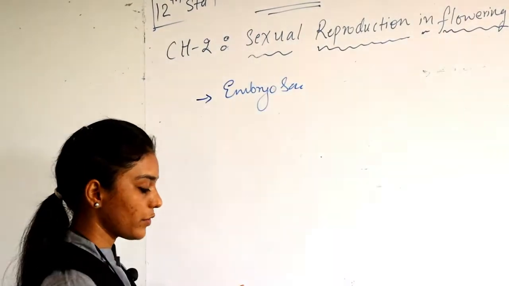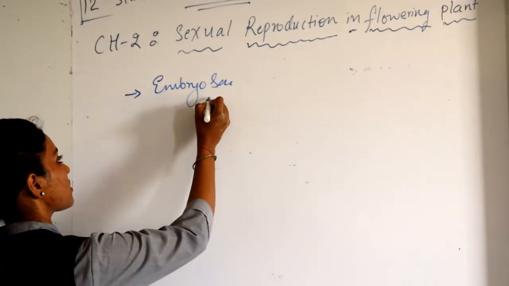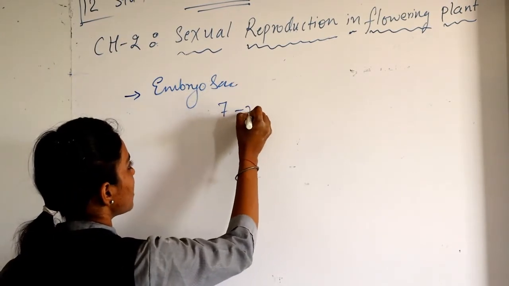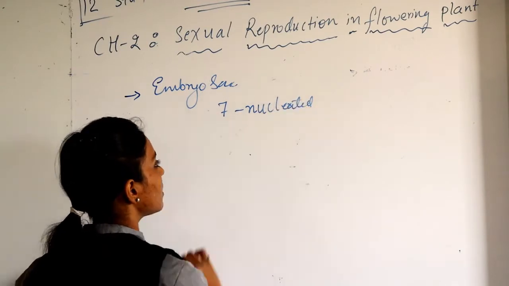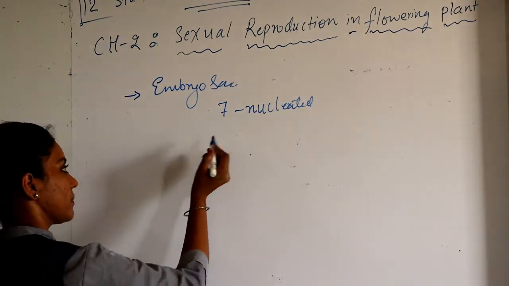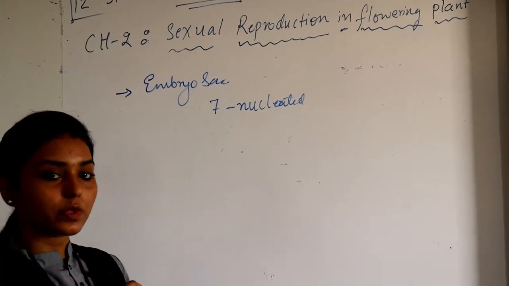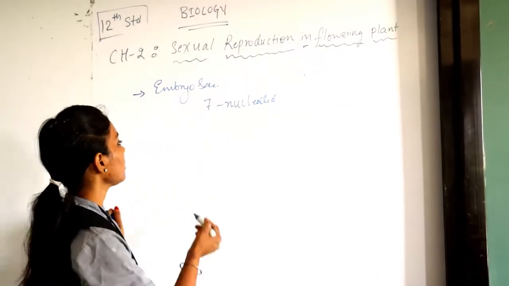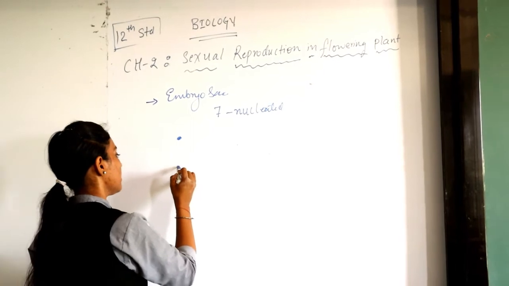In the embryo sac we have seen something regarding its structure, which was having 7 nucleated cells, and we have seen with the diagrams how cells are formed with the help of mitotic division. In mitotic division we have seen that this nucleus was dividing from one side.